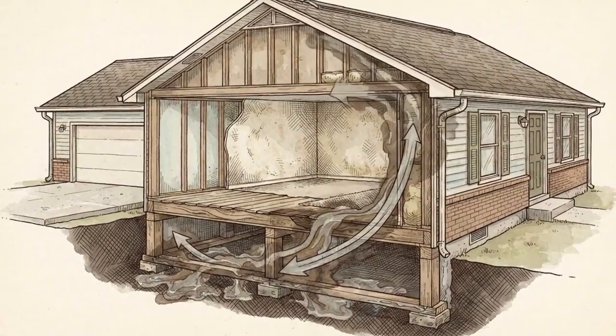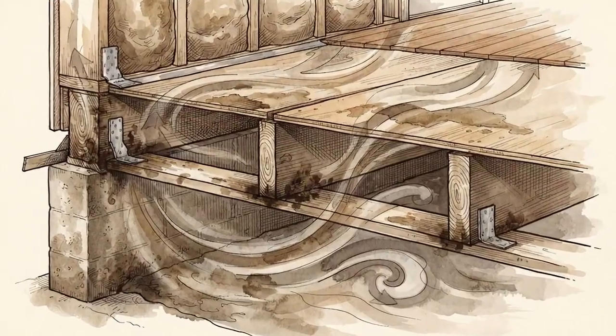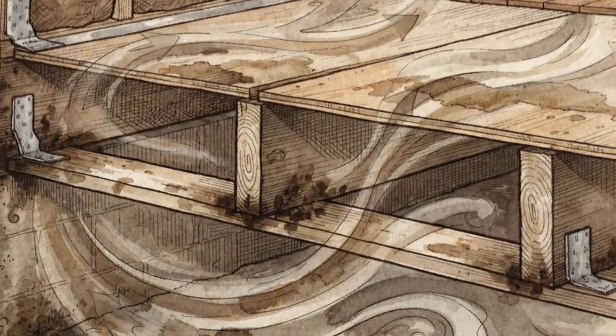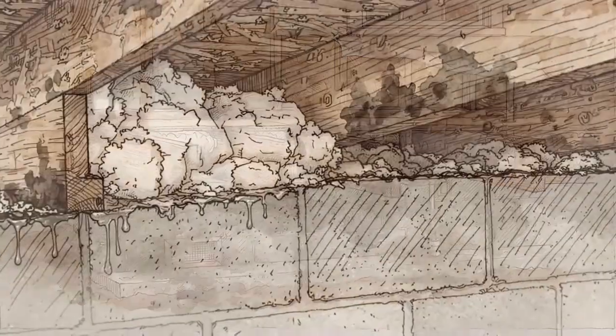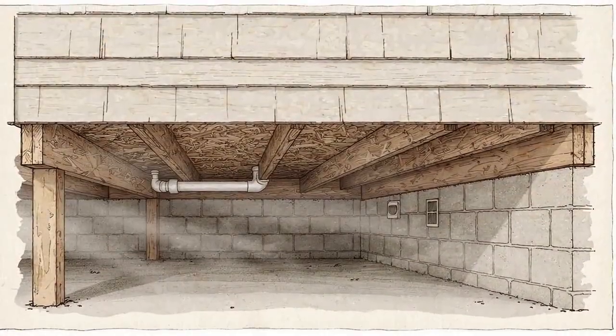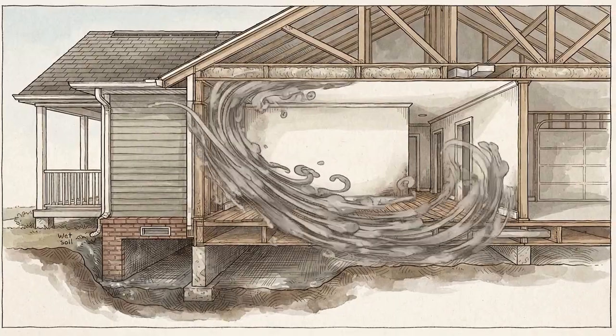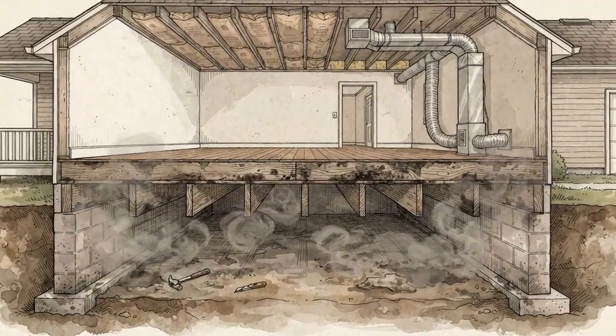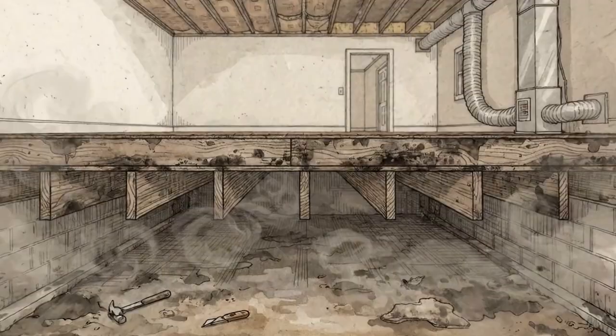It moves. The wood that forms your floor system sits in direct contact with crawl space air. That means the rim joists, the band joists, the subfloor sheathing, and the bottom cord of your floor trusses if you have them. When that air stays wet for long enough, the wood responds.